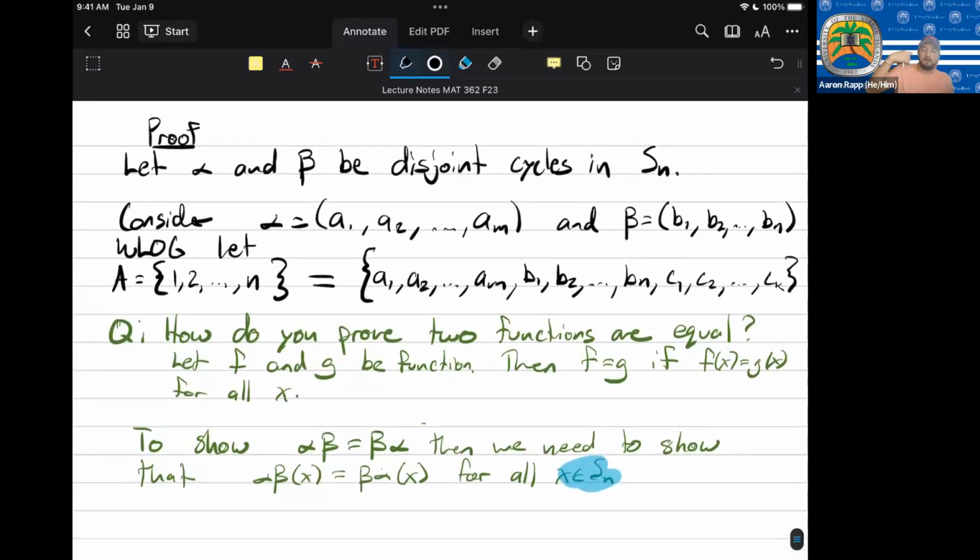So when I'm thinking about how to prove that these two permutations are the same, the inputs that I'm choosing are coming from that set A, the set of numbers that I am permuting.